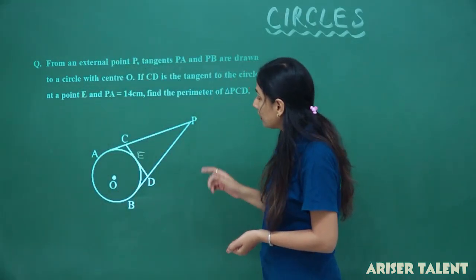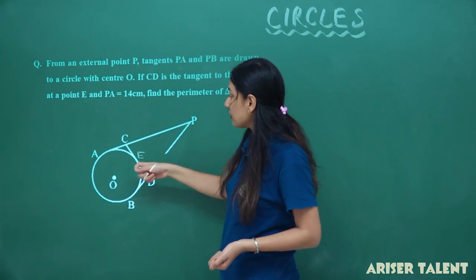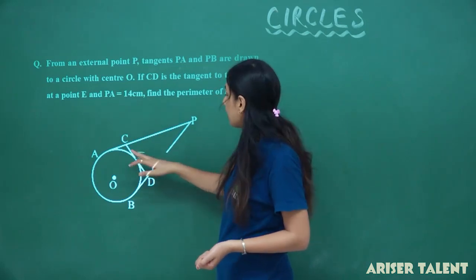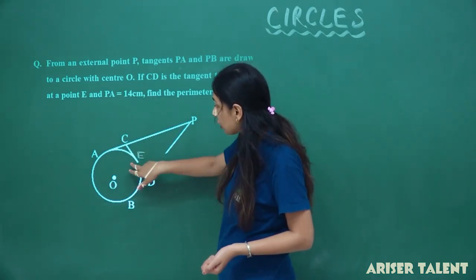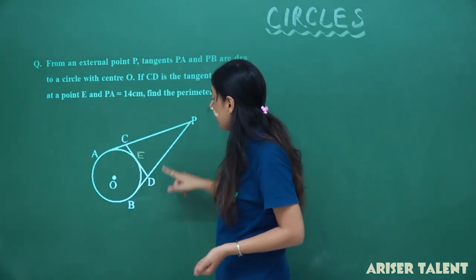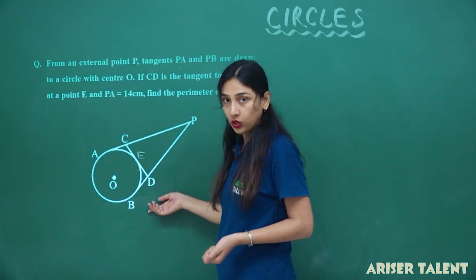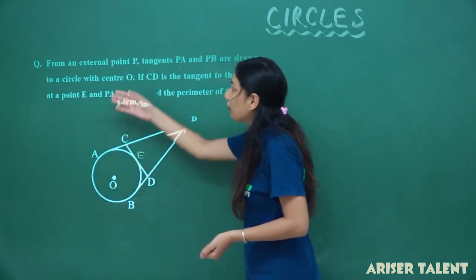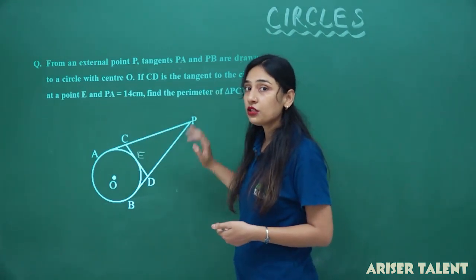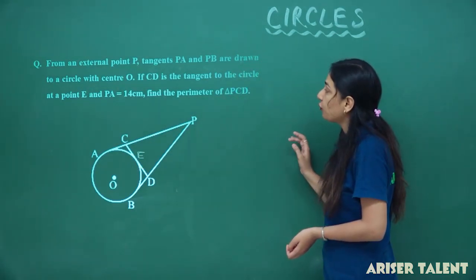The question could say that E is a point on the circle whose tangent CD touches the circle at E and cuts the line AP at C and BP at D. If you are given this information, maybe the diagram would not be given in the question. But in this question you have less information, so this diagram is given. So be prepared for questions in which you don't have diagrams and have to draw them yourself.